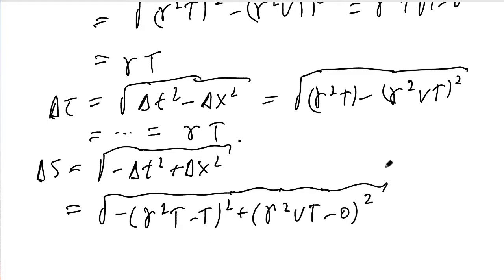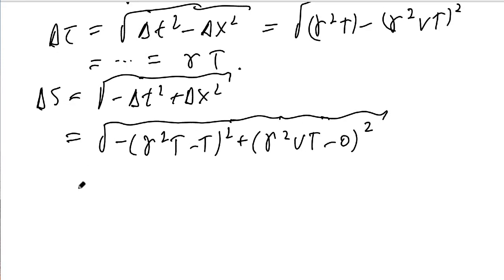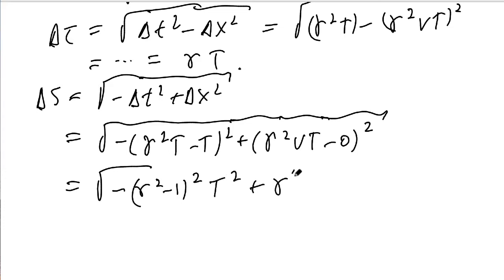Okay, so that's the proper distance between the two events. Let's simplify this. We have here minus gamma squared minus 1 quantity squared times capital T squared plus gamma to the fourth V squared times capital T squared.